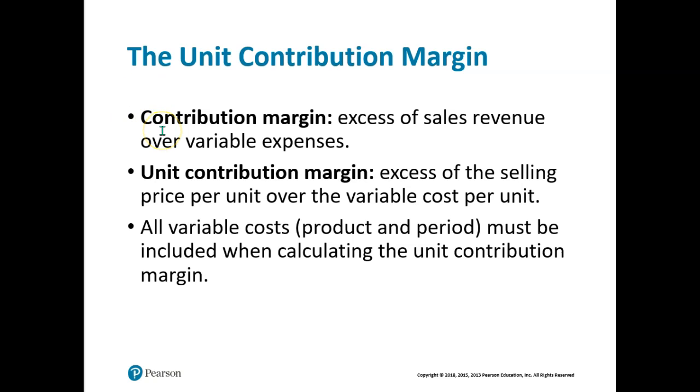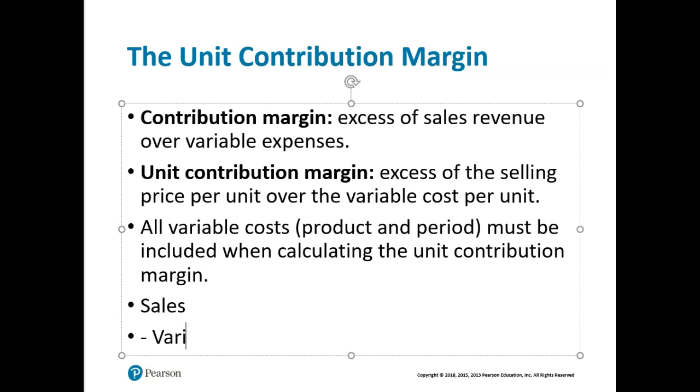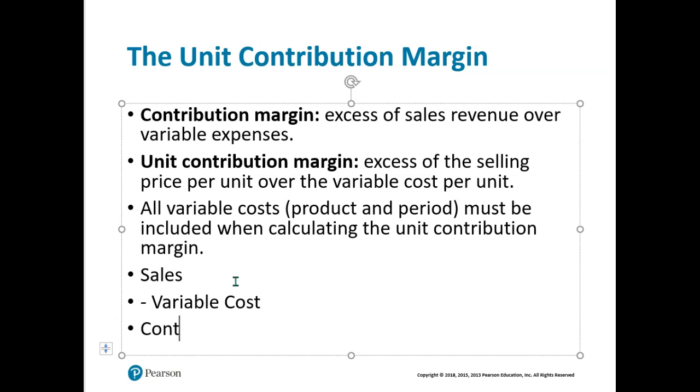Now, a contribution margin is your sales revenue minus variable costs. So we're going to say sales minus variable cost is the contribution margin. Okay, so sales minus variable cost is your contribution margin.